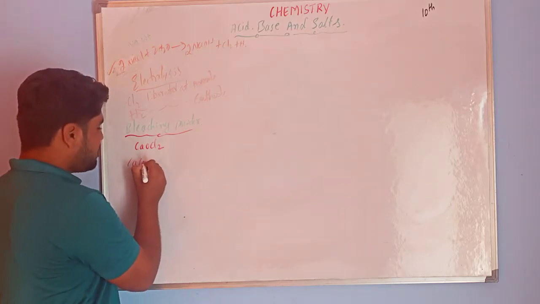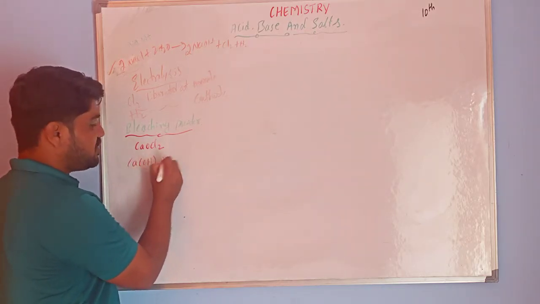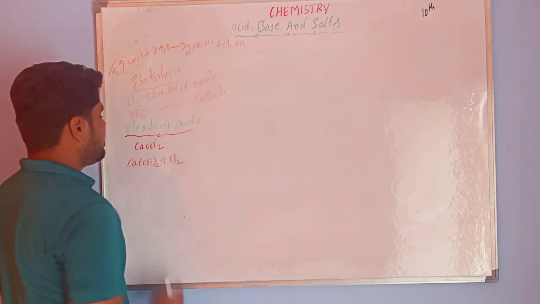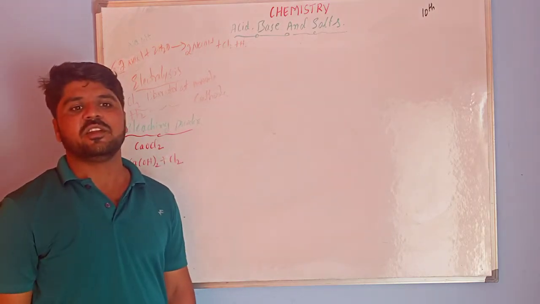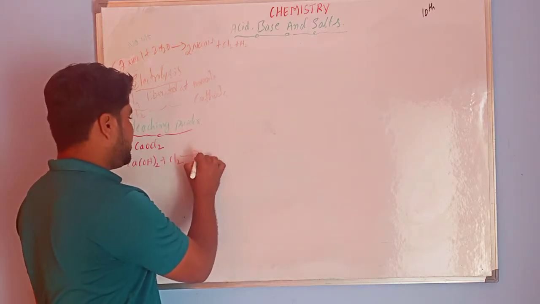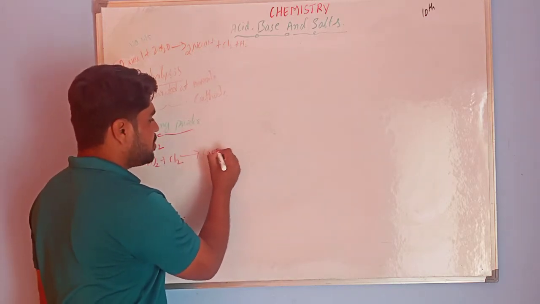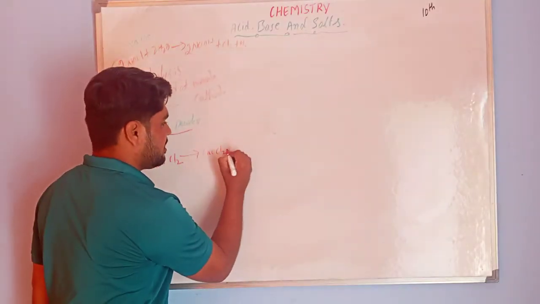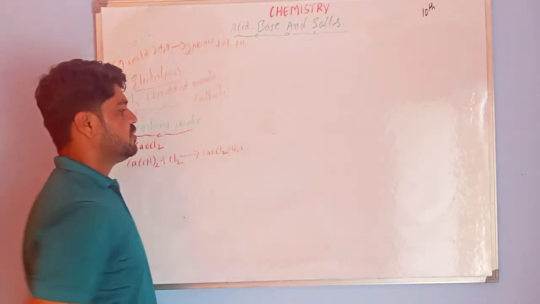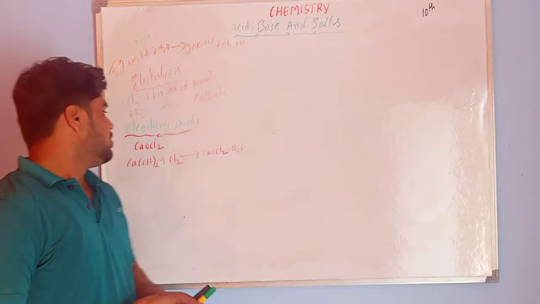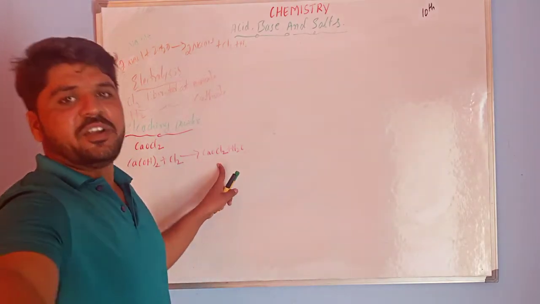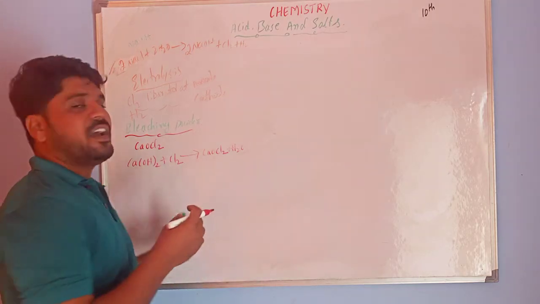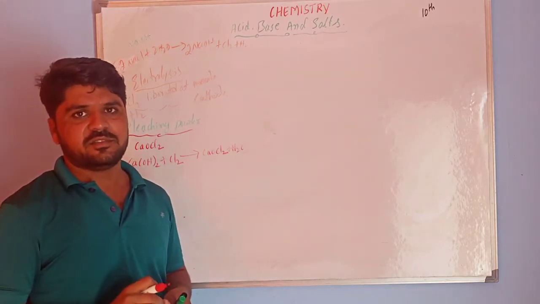Calcium hydroxide, Ca(OH)2, reacts with chlorine, which produces CaOCl2, calcium oxychloride, and water, H2O. This is the way to produce bleaching powder, and it has many applications.